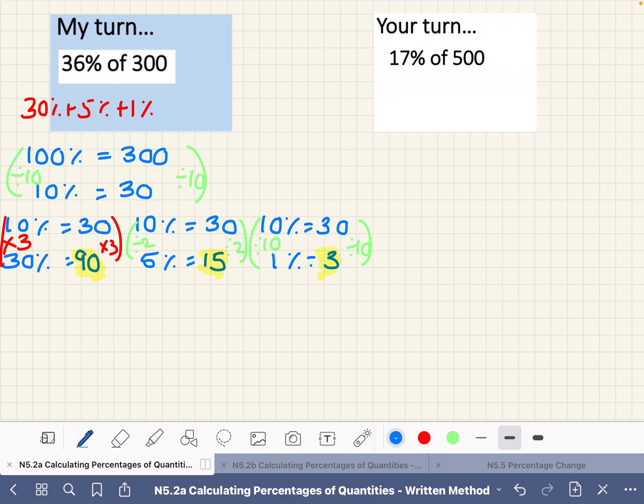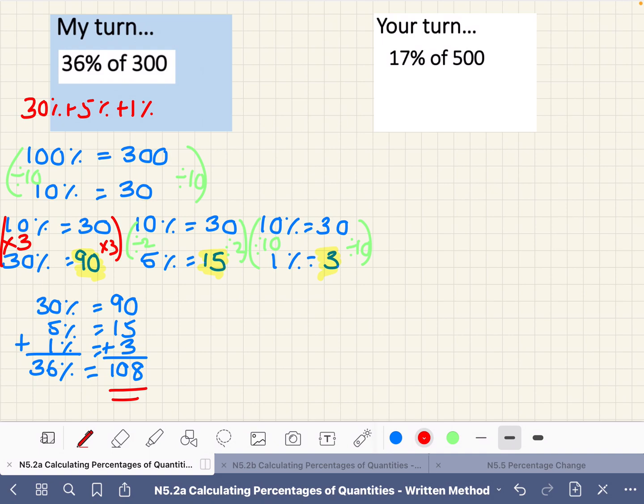Remember, we calculate 30% by looking at 30% is equal to 90. 5% is equal to 15, and 1% is equal to 3. When we combine those values by addition, we have 36%. When we combine these values on this side, we have 108. So 36% is equal to 108.